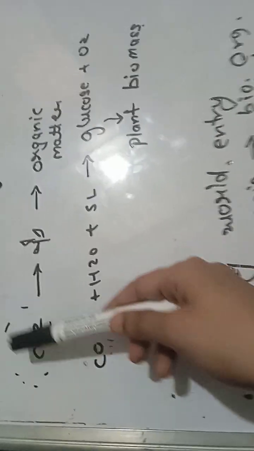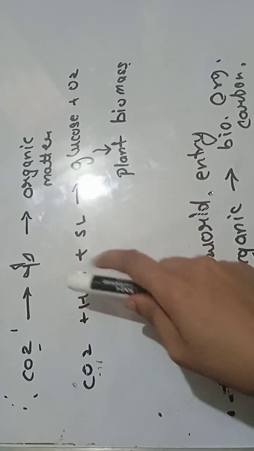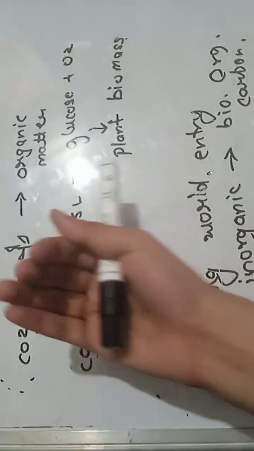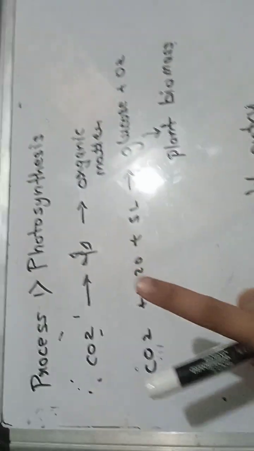Now you'll also see the importance of vegetation, because through photosynthesis they are not only converting carbon but also storing carbon in their biomass. So less carbon means fewer greenhouse gases, and the more we can save our earth from global warming, right? So this was the first step.